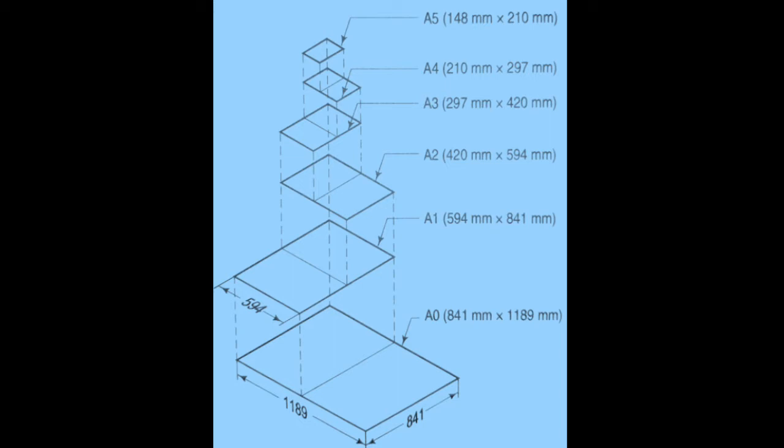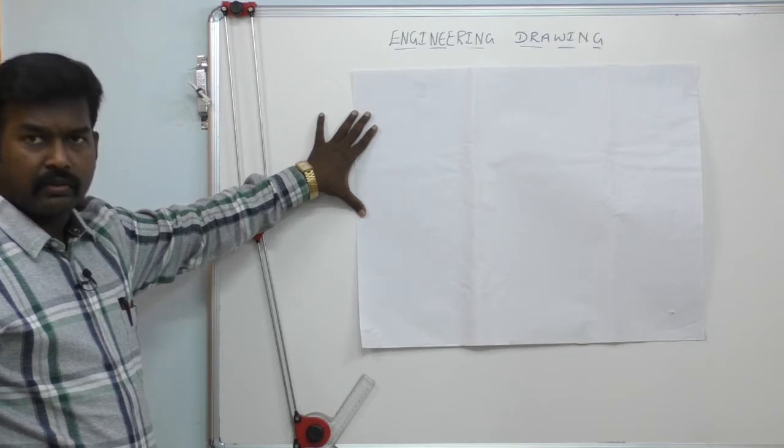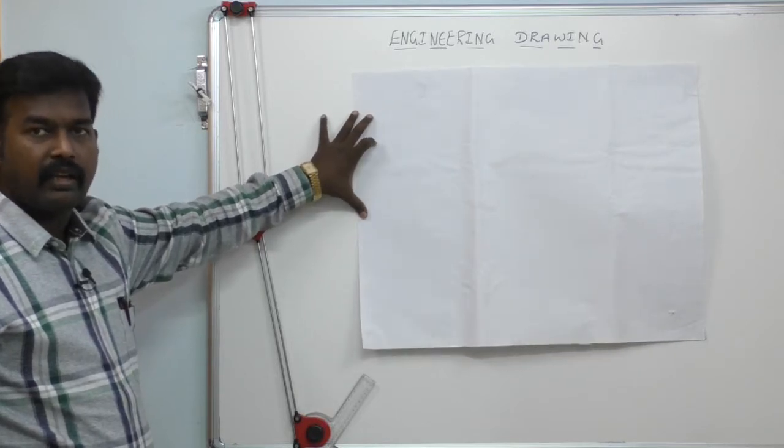Half of A3 we call A4, 297 mm by 210 mm. Again half of A4 is A5, 210 mm by 148 mm. For print purposes, regularly we use the standard size A4. For drawing purposes, we use A2. The dimension of the drawing sheet we use is A2.